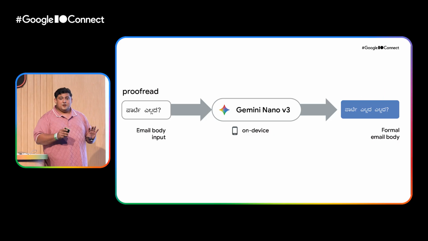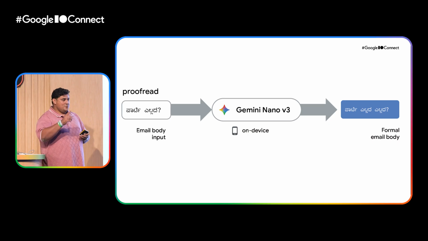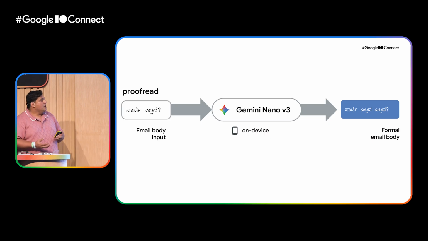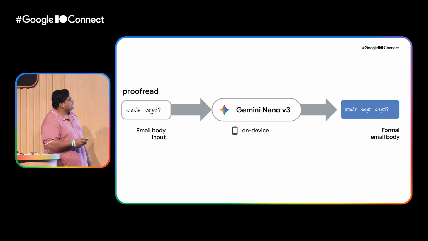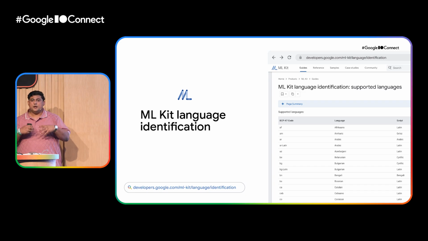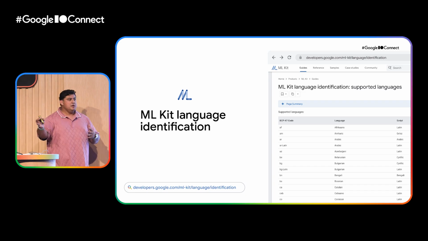So now if you look at the challenge here, a couple of languages are working very well for your use case locally, but some of them are not. That's where you need to start working with custom logic. So this is basically the proofreading example. And that is where you want to decide, based on the language, to route the request to the right place.